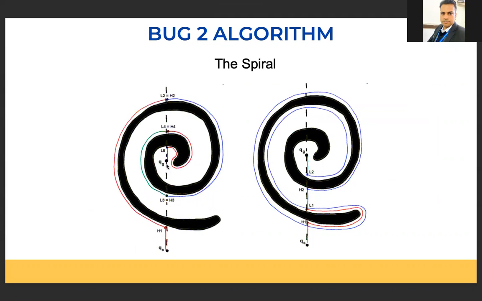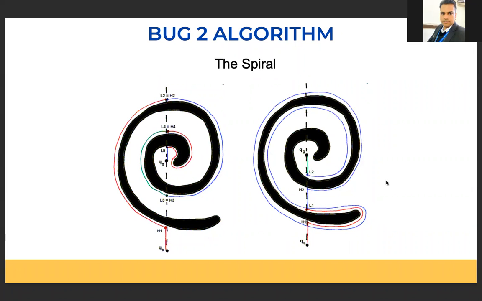You move here, follow this distance entirely till you're on the goal line, and then you move towards here. Let's say you move in this direction towards the goal line, here, here, here, and then once you reach here, you move towards the goal.